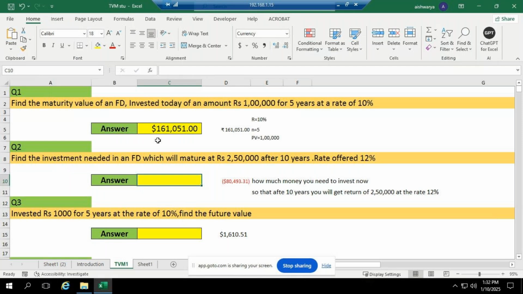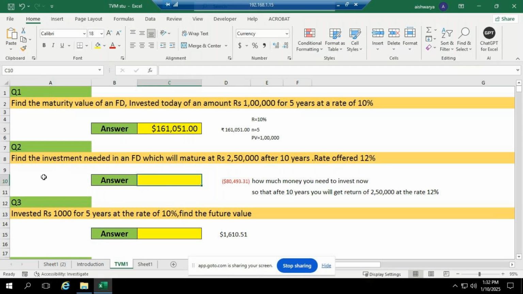If I invest 1 lakh, then after 5 years it will become 1,61,051. Not rupees, it is in dollars. Understood? That is the first one.